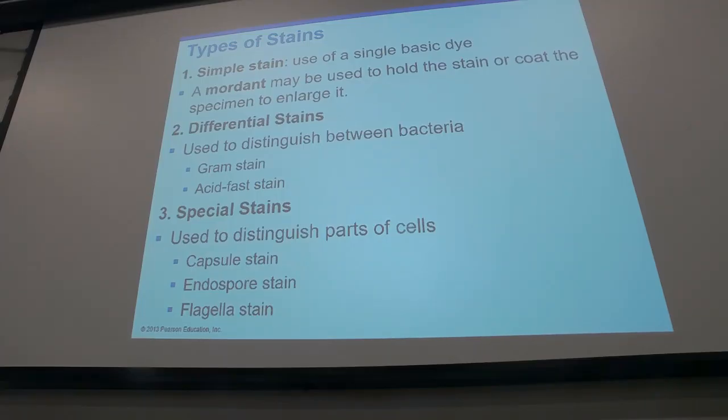And then special stains help to stain something that is not the cytoplasm. It can be staining the capsule, which is found outside the plasma membrane of the cells, or it can help you to stain internal structures like endospores, which are dormant bacteria that are formed by cells before the cells die.